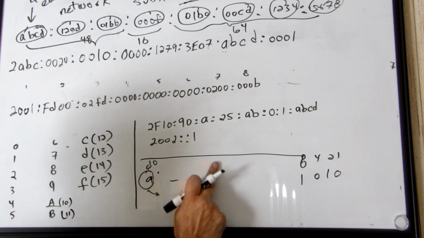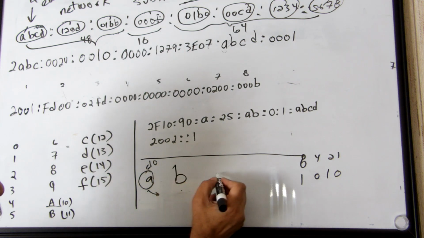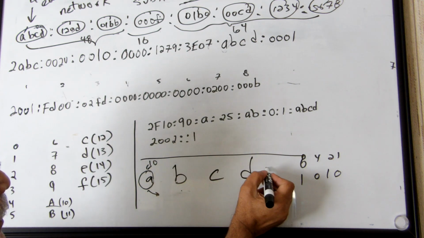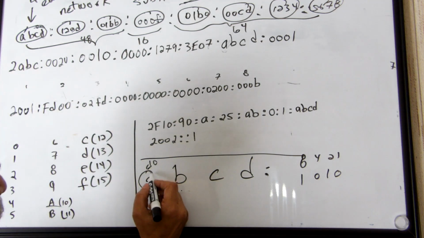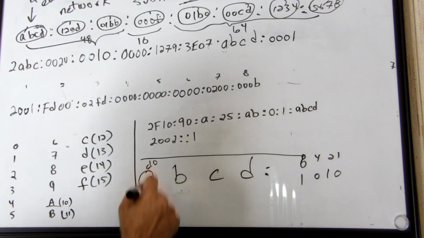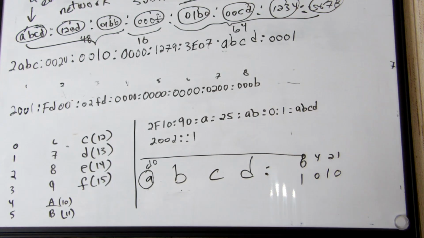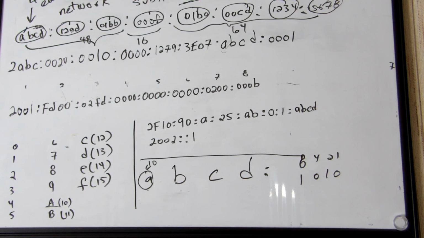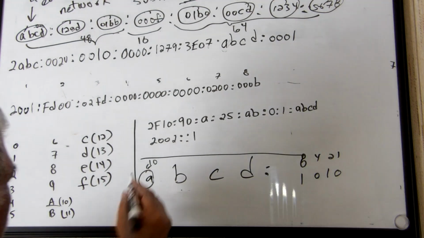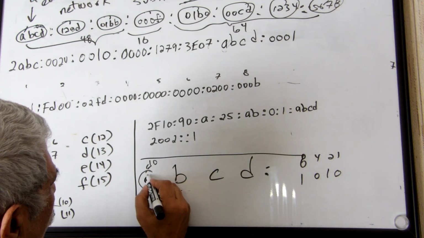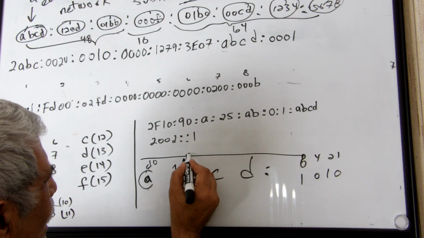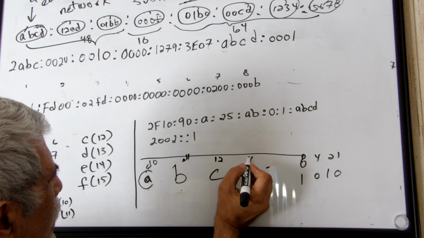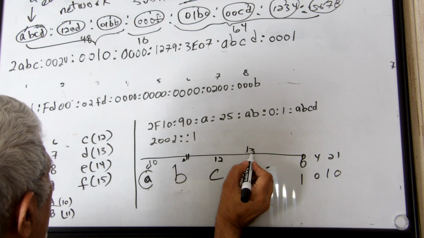Let's write A, B, C, D. A is 10, B is 11, C is 12, this one is 13.